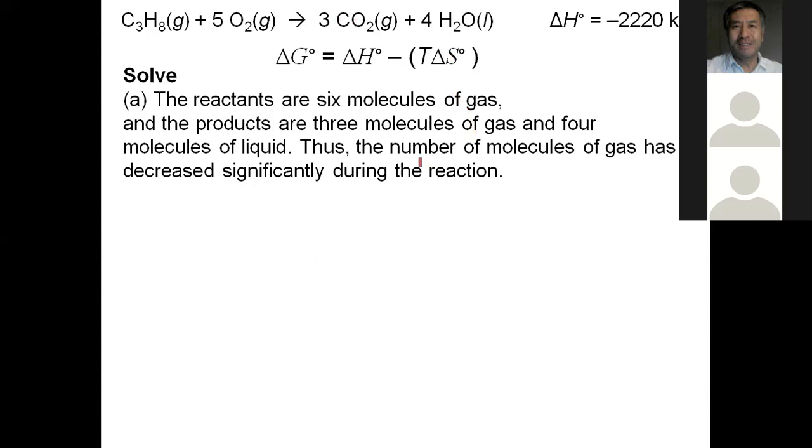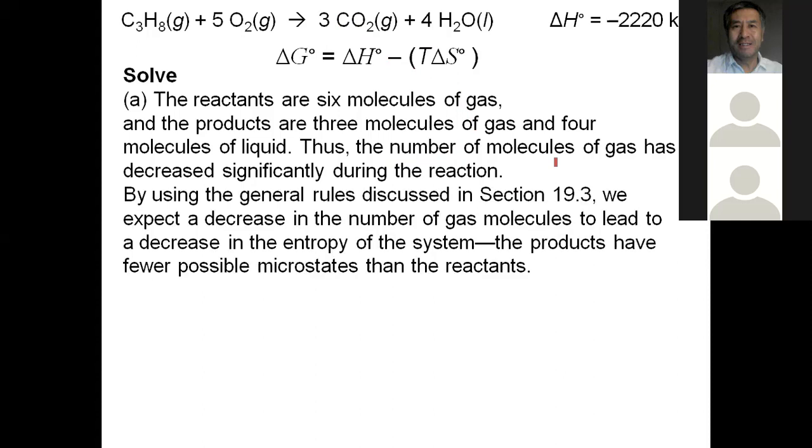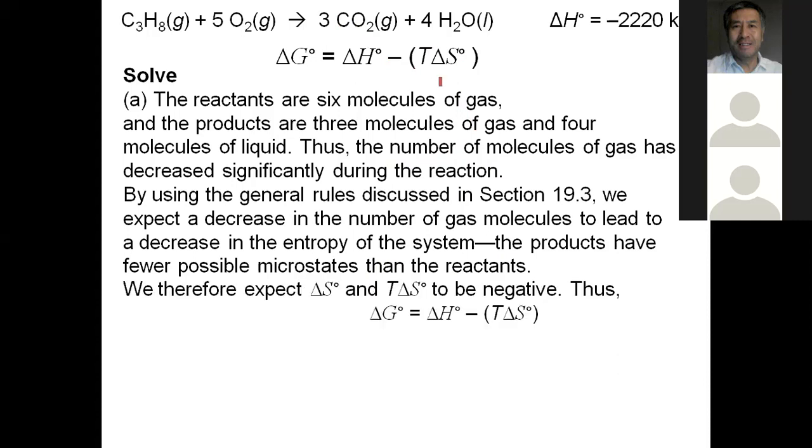So the number of gas molecules has decreased, and we predict delta S is negative. Once we know delta S is negative, we are subtracting a negative number. In this equation, delta G equals delta H minus T times delta S, because delta S is negative, these two together is negative.